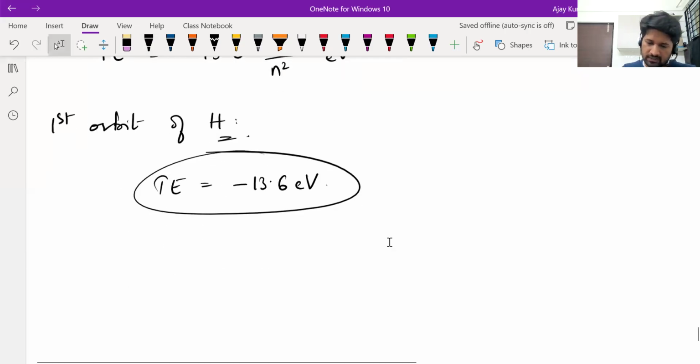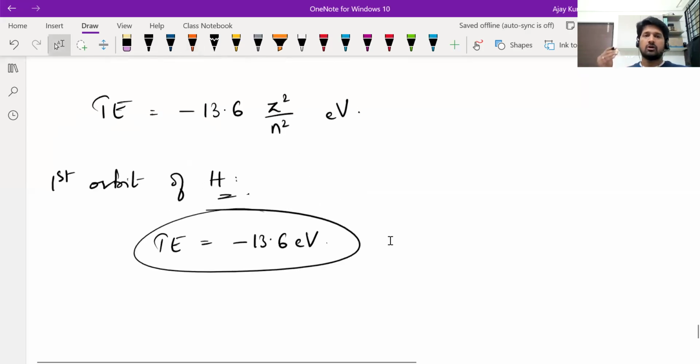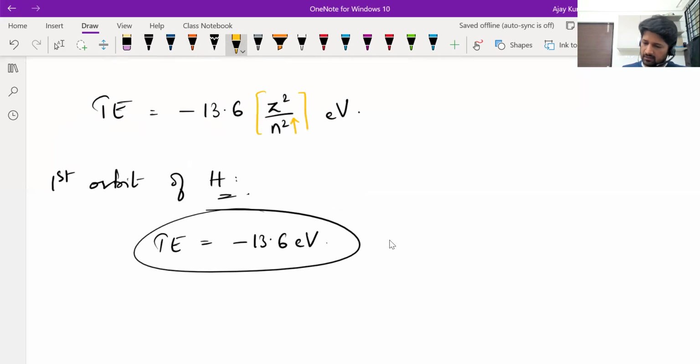Okay. Generally, like you can see here, suppose the orbit number increases. If orbit number increases, this fraction will decrease. But there is a negative sign before the fraction. That means the total energy increases as the orbit number increases.